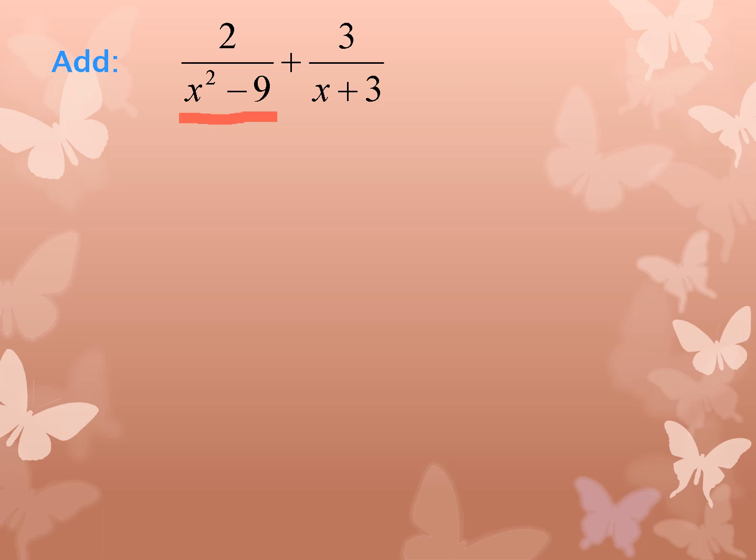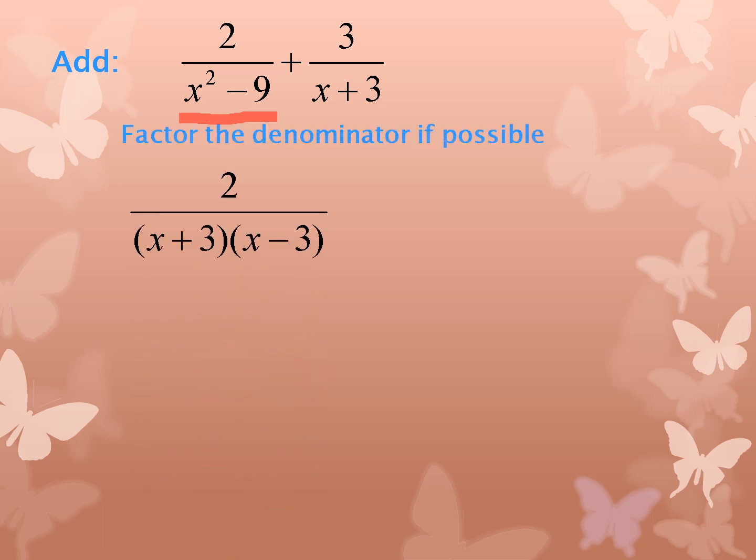So what we have to do first is factor x squared minus 9. If you have a denominator that needs to be factored, you're going to want to factor that. We already know by now, I'm back from Unit 4, that x squared minus 9 becomes x plus 3 and x minus 3. And then we have, of course, the other term of 3 over x plus 3.